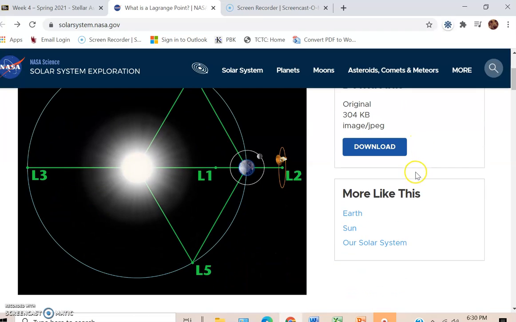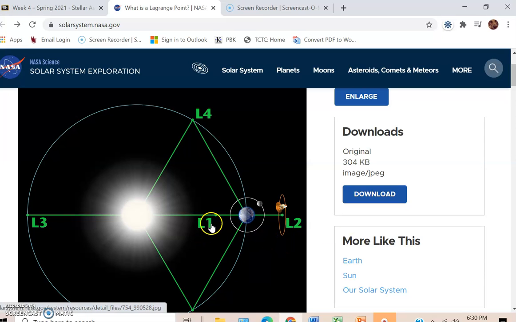So there are 5 Lagrange points. These are points where the sun's gravity and the Earth's gravity basically cancel out. L1 is the most obvious one. It's between the Earth and the sun. The gravity of the Earth and the sun cancel out right there. There's actually another one on the other side called L2. We've put satellites there that look out into the universe. There's another one called L3 on the opposite side, and these move.